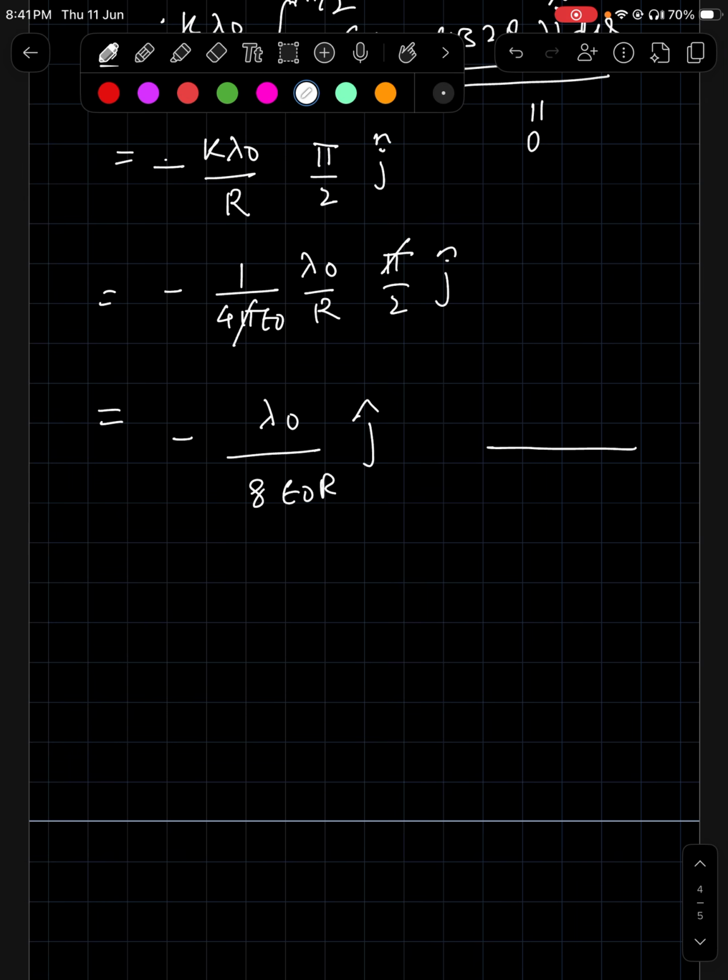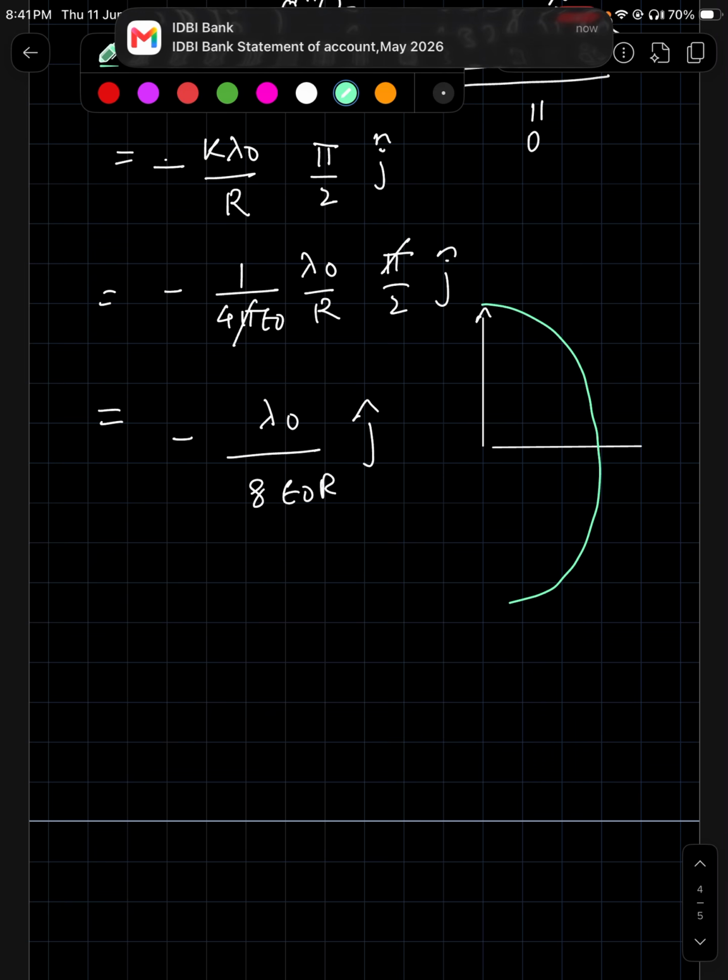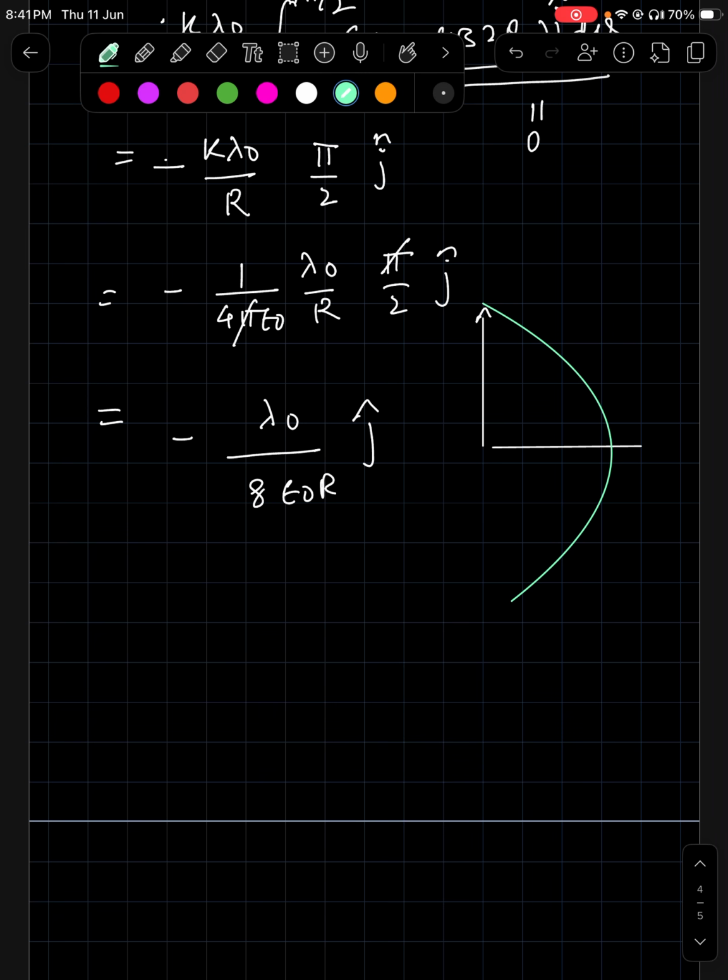If I analyze the picture again, because we have already found the mathematics and the answer, our task is to analyze the picture. Since lambda equals lambda naught sin theta, in the upper part, the first quadrant, all the angles are positive, which means all the charges are positive.